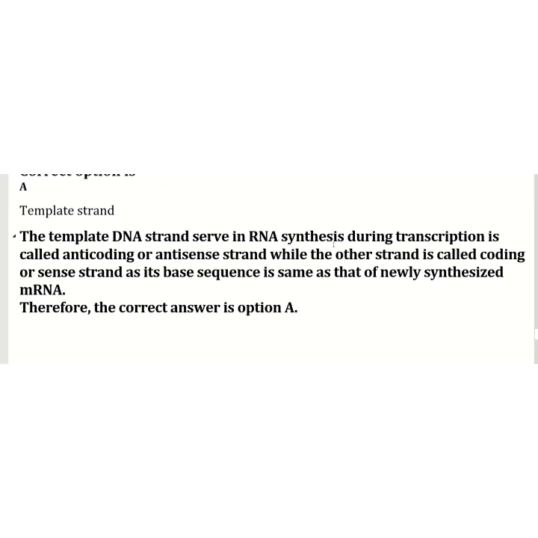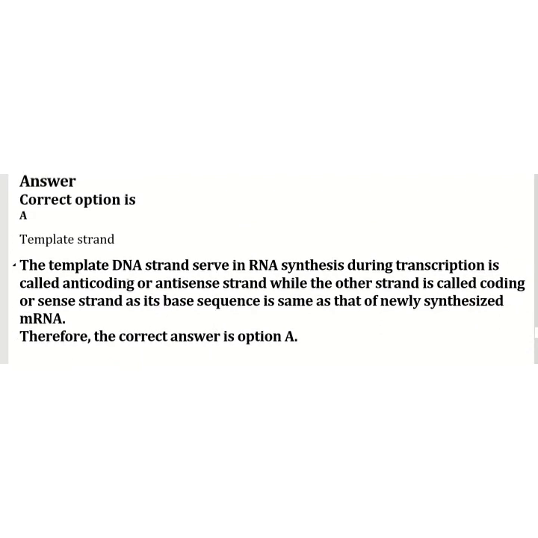Template is the strand which undergoes transcription. The template DNA strand serving in RNA synthesis during transcription is called anti-coding or antisense, while the other strand is called coding or sense strand, and its base sequence is the same as that of the newly formed mRNA. So here the correct answer is option A, template strand.